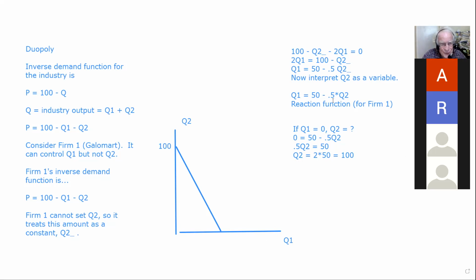And then of course, if Q2 equals 0, Q1 would be equal to 50 from the reaction function.